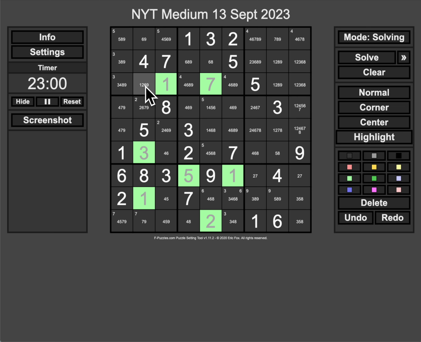Which means that's not 1. 1 rolls these out from being a 1. 1 must be in one of these two.